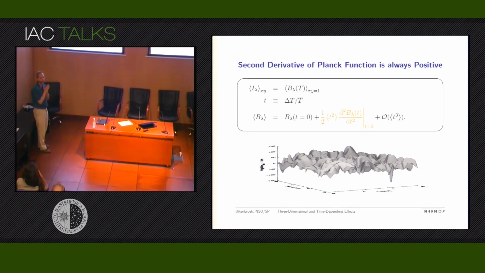And you can show that this is always positive. So the average intensity from a surface like this is larger than the Planck function at the average temperature. It's very simple, but the nonlinearities that are part of the radiative processes mean that you always get a larger intensity from an inhomogeneous atmosphere, even if the properties of that atmosphere on average are the same as the one-dimensional model that you compare it to.